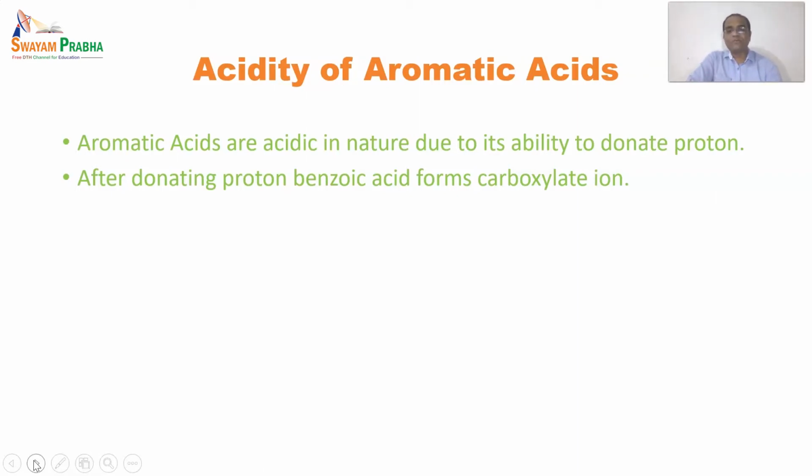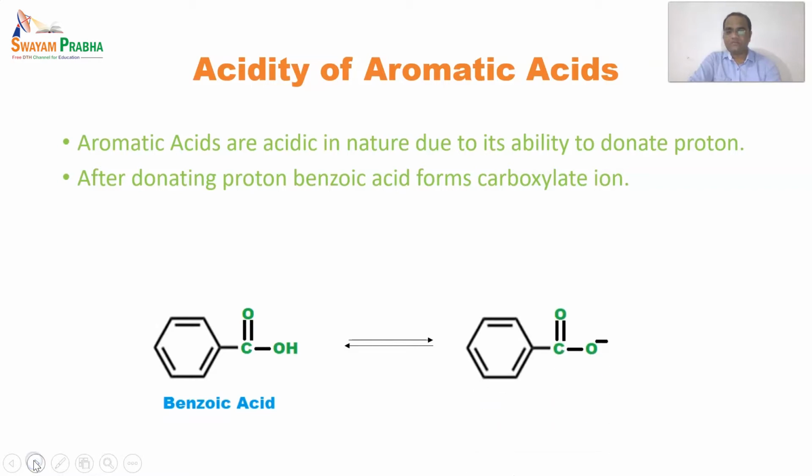And after donating a proton, benzoic acid forms a carboxylate ion. So this is the structure of benzoic acid, and reversibly the carboxylate ion has been formed. And this carboxylate ion can have a resonance structure. So we will see what kind of resonance structure it has.